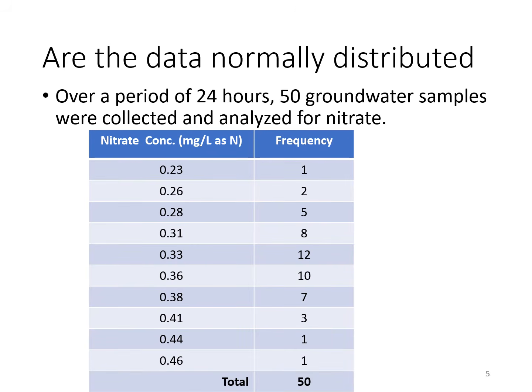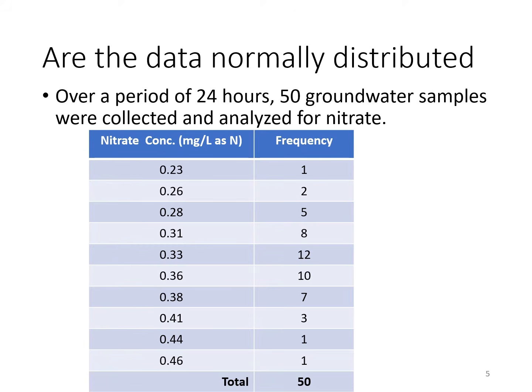In order to use the parametric tests, we often need to determine if the data set we're using is normally distributed. There are a number of ways we can do this. One is to determine the frequency each value occurs, as shown here.